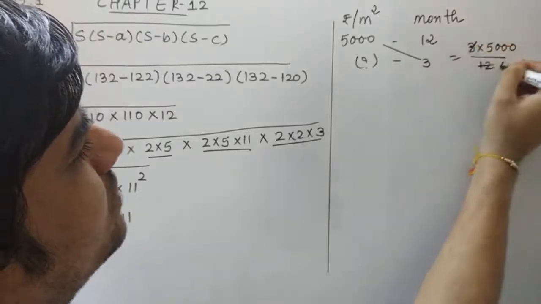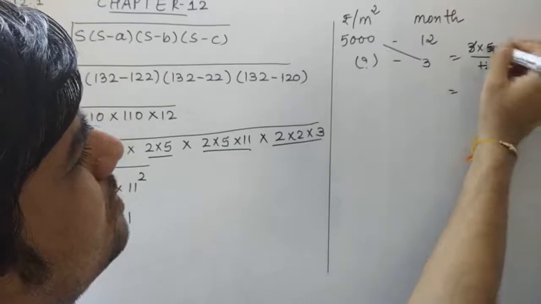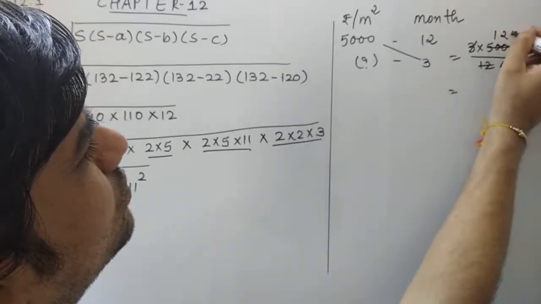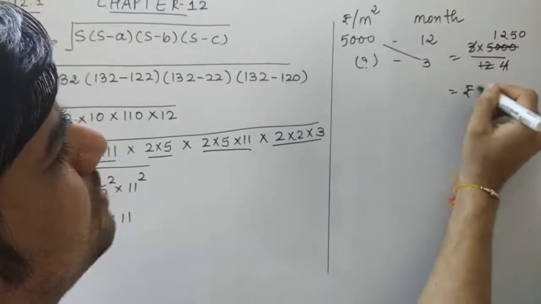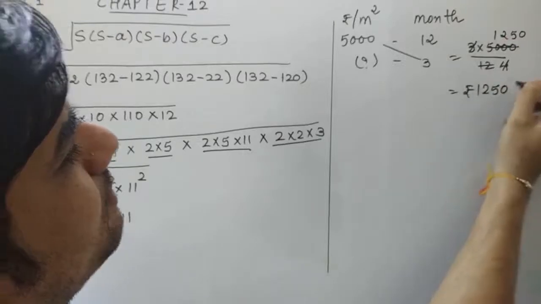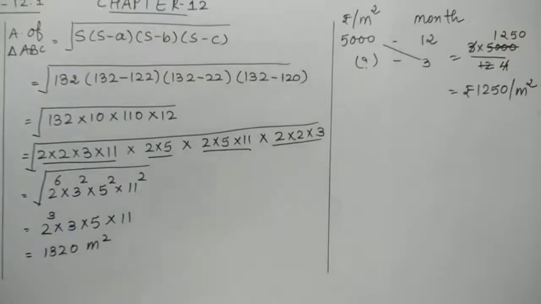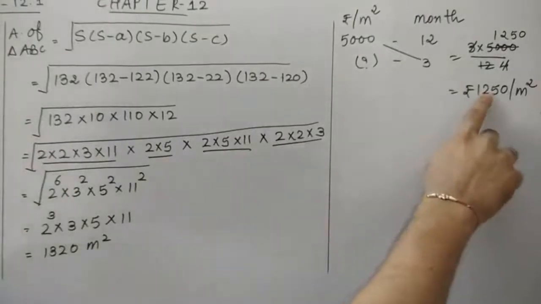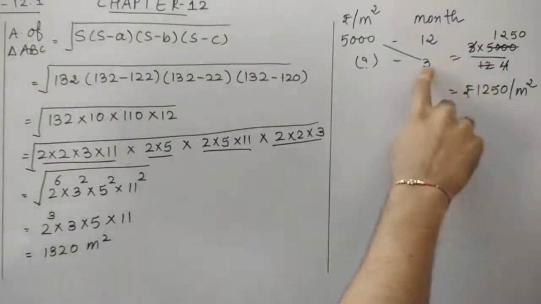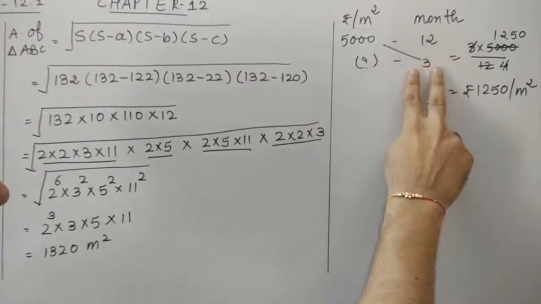So 3 4s are 12. I'll cut with 4. 4 1s are 4. 4 2s are 8. 4 5s are 20. So we'll obtain 1250 per meter square the cost. Remember students, this is the cost which we obtain here. ये cost क्या है? This is the cost per meter square for 3 months. क्यों 3 महीने के लिए हमने ढूंढा?